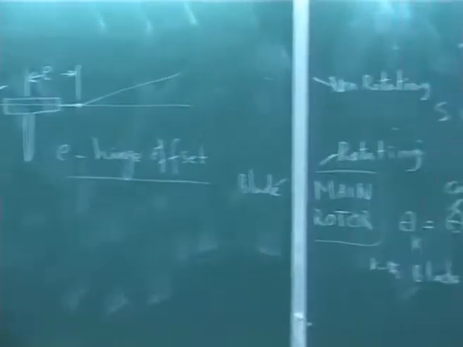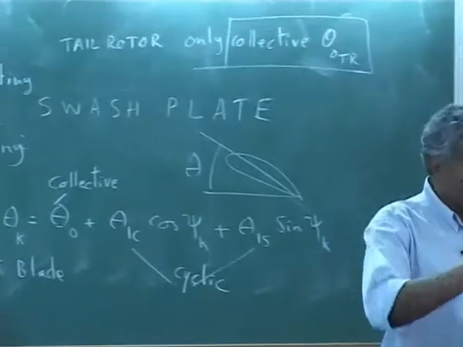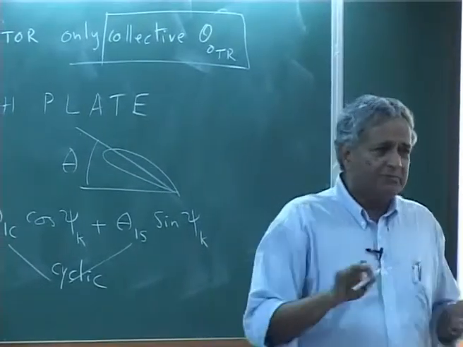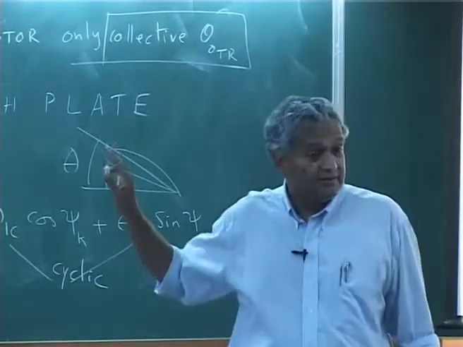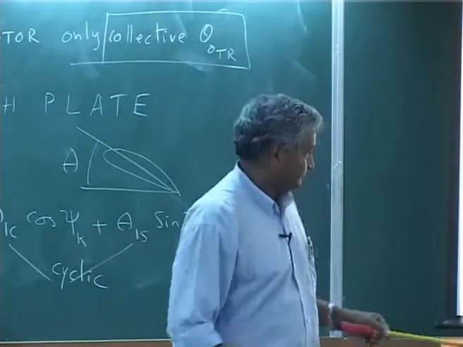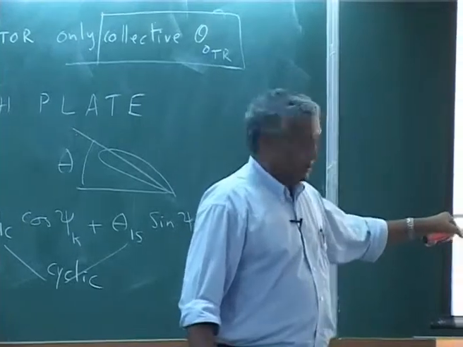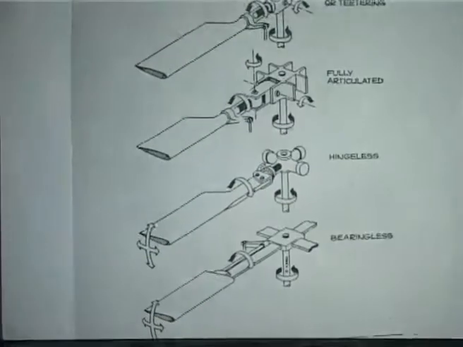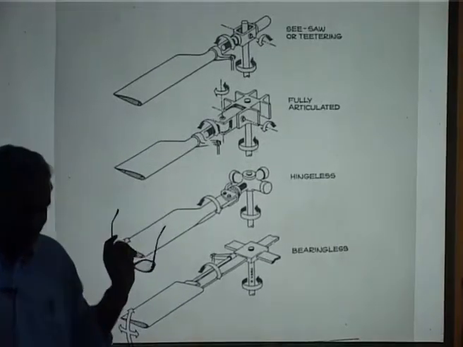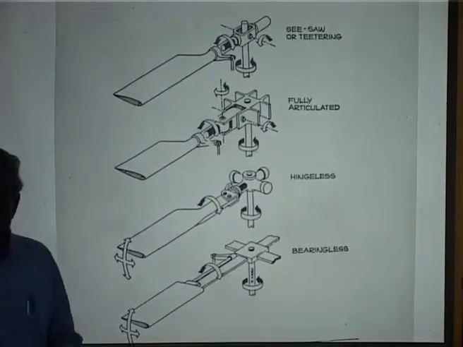So, the strength and the flexibility, the stiffness. By tailoring, by adjusting the layup, they manufacture it. Today, of course, this is quite common, very common, hingeless rotor blades. Main rotor, please understand, now I am saying main rotor blades.